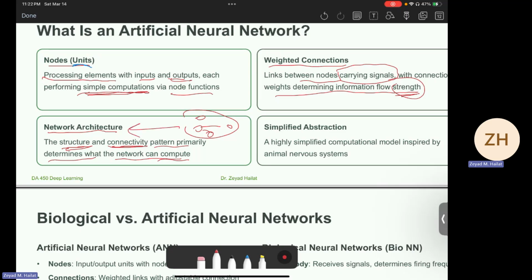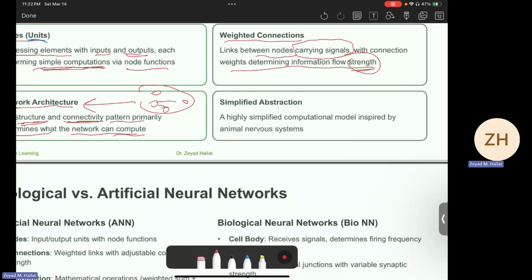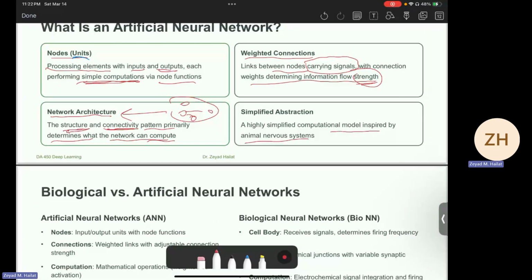We refer to it as the network architecture, which is the number of nodes and how the nodes are connected with each other. It is a simplified abstraction, a highly simplified computational model inspired by the animal nervous system, taken from the nervous system of a human being or animals in general.